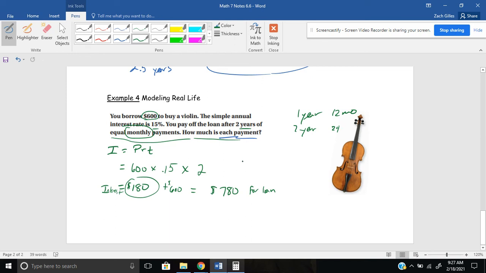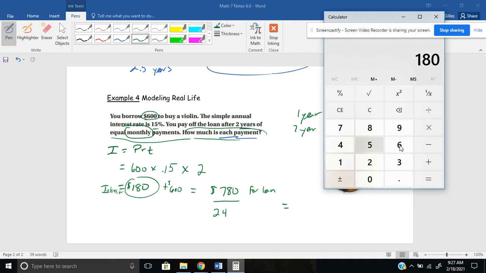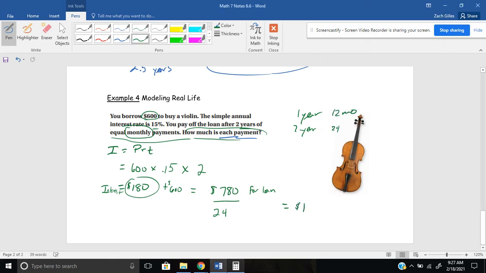So if I know my total for the loan and I divide that by the 24 months that I had to pay, each month I paid, okay, 600 plus the interest, what's that? 780 divided by the 24 months. 32 and a half. So each payment was $32.50.